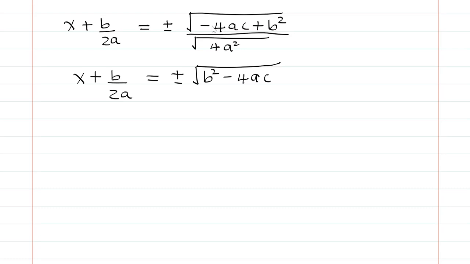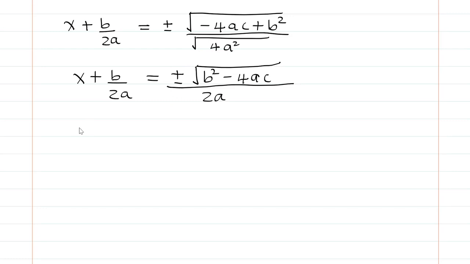The sign of a number is the sign before it, so I've carried it with a negative, and then b was positive, it is still positive here, all over, what is the square root of 4? It is 2. What is the square root of a squared? It is a. So the square root of 4a squared is 2a. The plus or minus is already catered for in this expression.